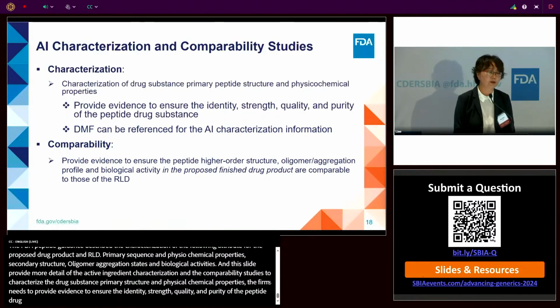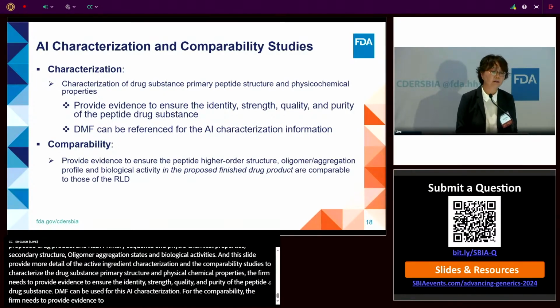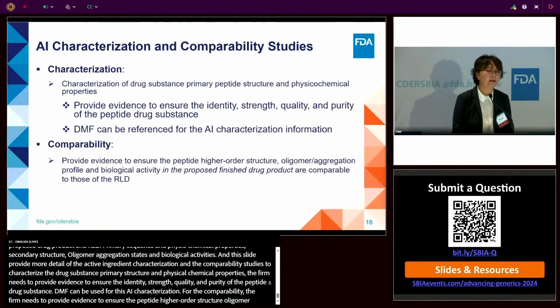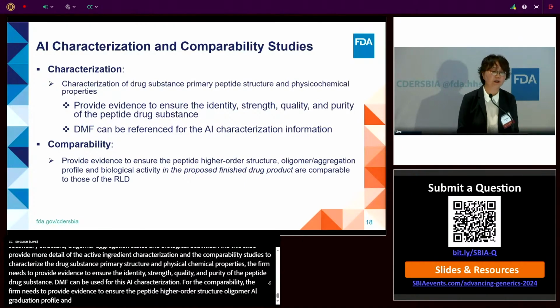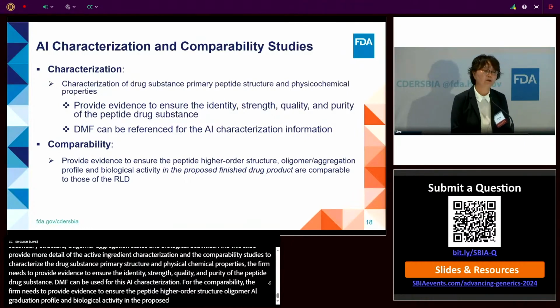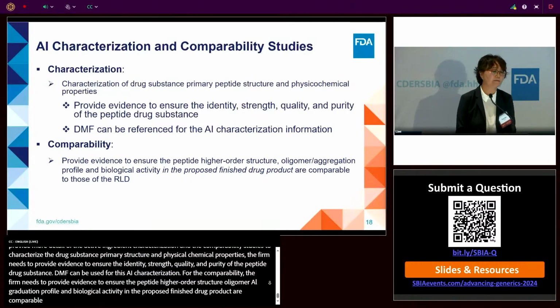DMF can be used for this AI characterization. For the comparability, the firm needs to provide evidence to ensure the peptide higher order structure, oligomer aggregation profile, and biological activity in the proposed finished drug product are comparable to those of the RLD.